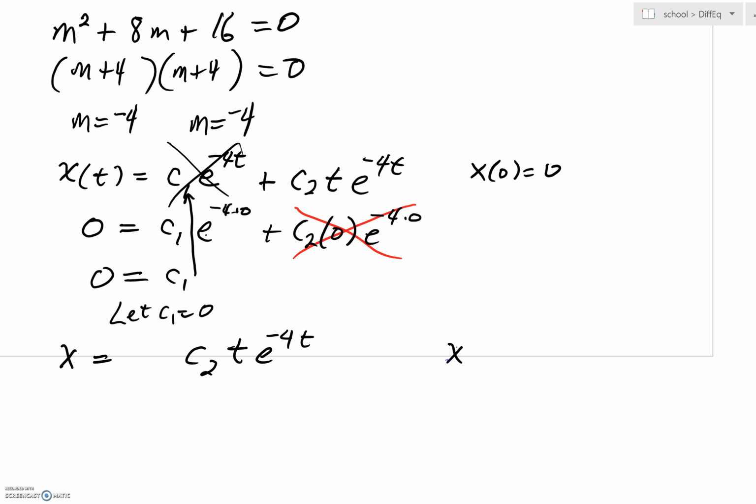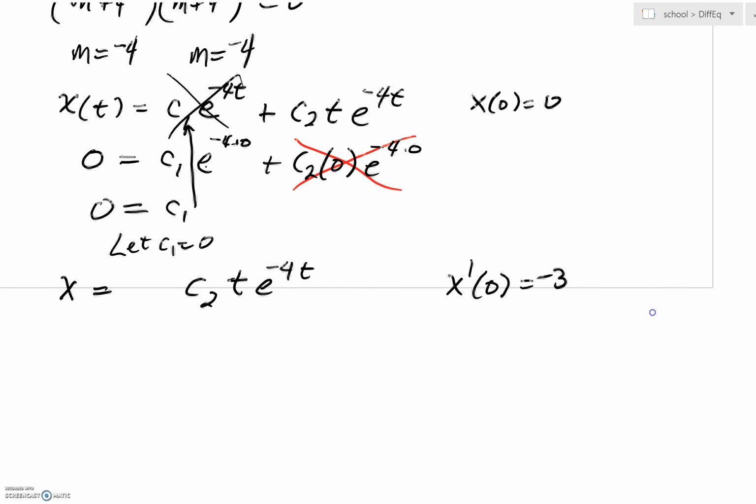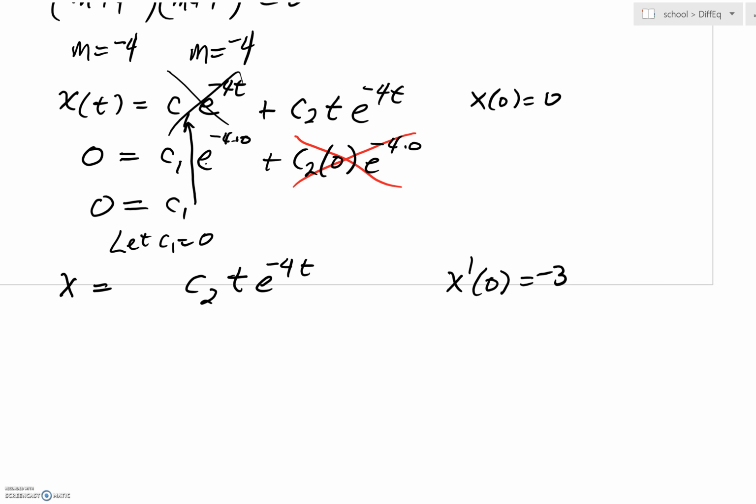But then we'd say, well, wait a minute. We've got x prime of 0 equals negative 3. We're going to try to plug in a derivative. So x prime right here, we're going to have to do a chain rule. Not a chain rule, a product rule, right? You can take C2 out in front if you'd like. And you'd say t times, well, here we'd get negative 4e to the negative 4t plus, then our derivative of our first function here is just a 1.